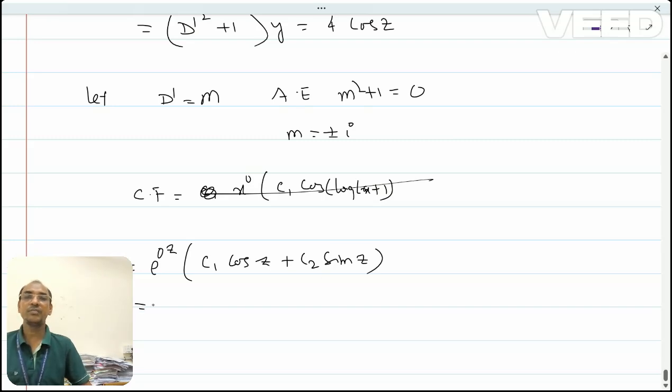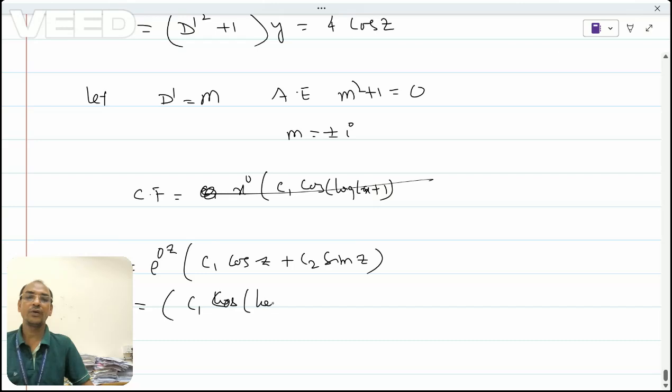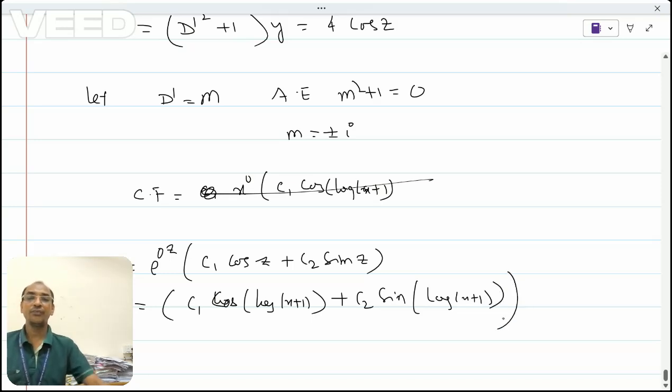But z is nothing but log of x plus 1, and e to the power 0z is 1, and so I can have c1 cos of log of x plus 1 plus c2 sin of log of x plus 1. So this is your complementary function.